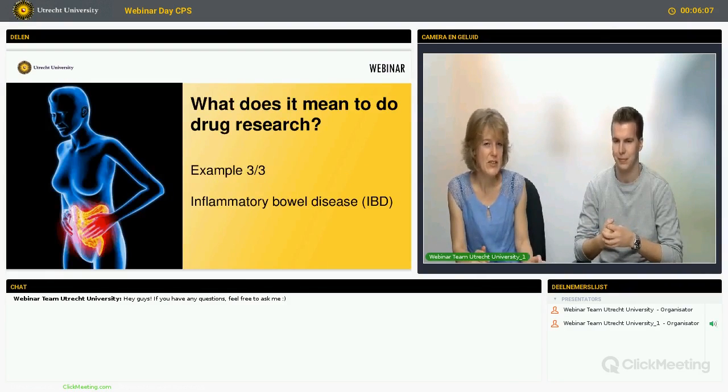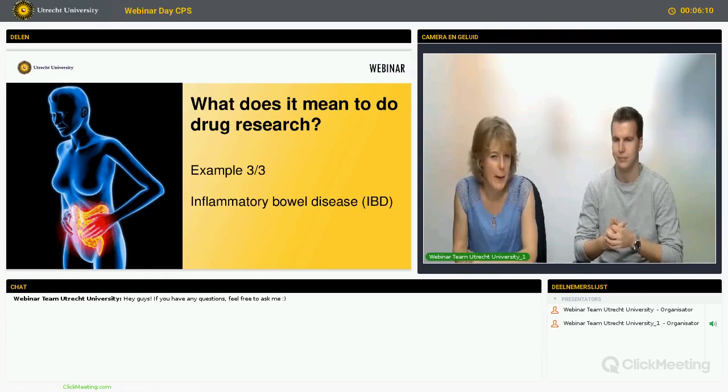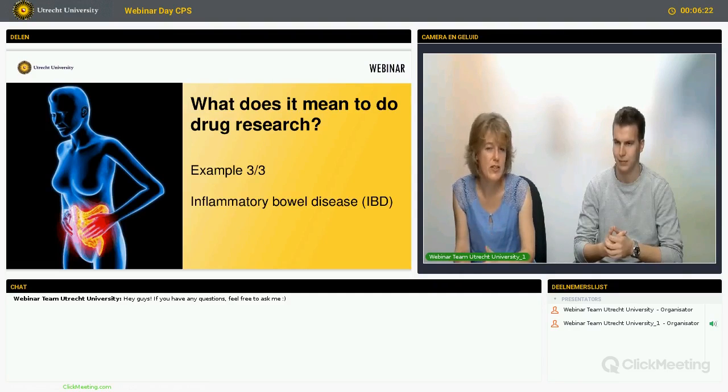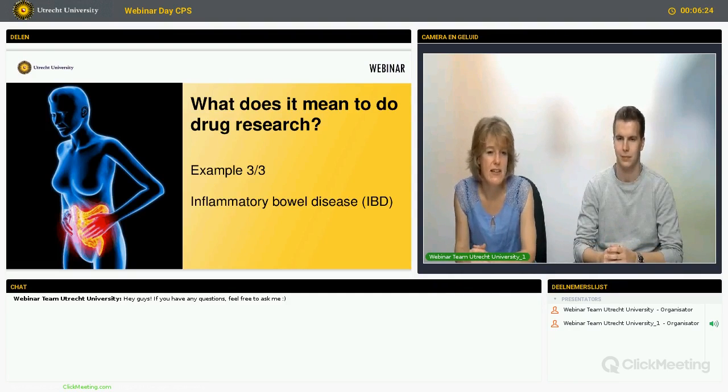The last example is on inflammatory bowel disease. So your bowels are inflamed, and two known diseases are colitis ulcerosa and Crohn's disease. People suffer from flares of stomach ache, and they take painkillers.